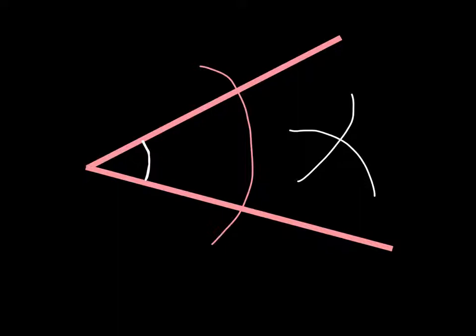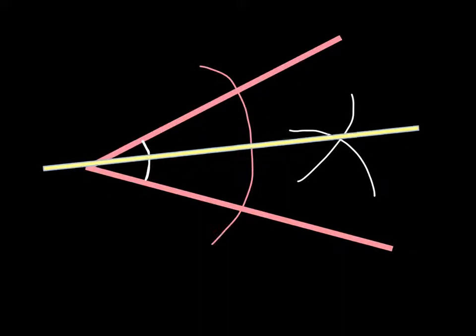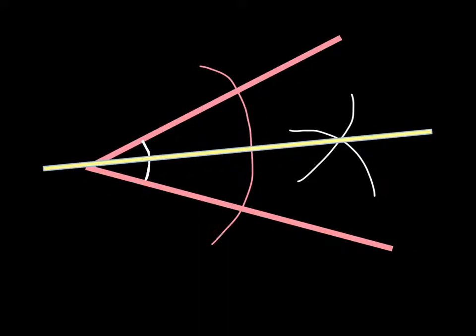You can see that these two arcs intersect right here, and if you join that right back to the middle of your angle, you will get the bisector. I'll do that in yellow. Let's draw a line. And there we go, that's our angle bisector. Again, this is still grade 7 material.